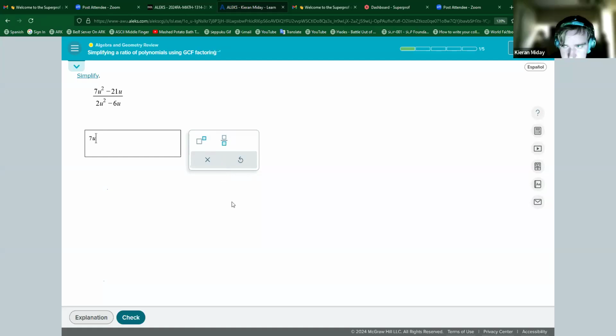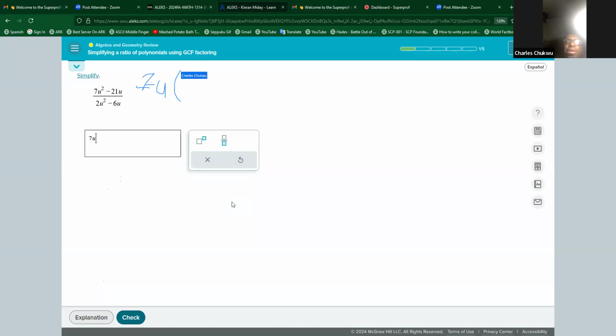Let me do an annotation. Yes, let's do an annotation. So at the top, I have 7u in brackets.